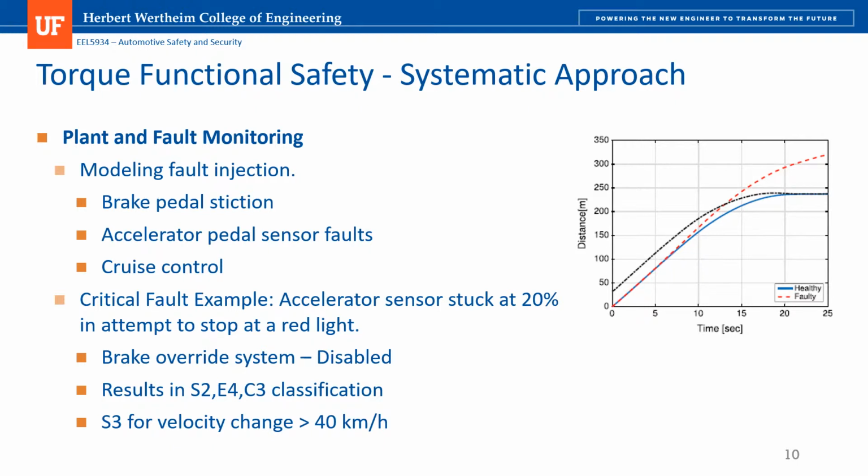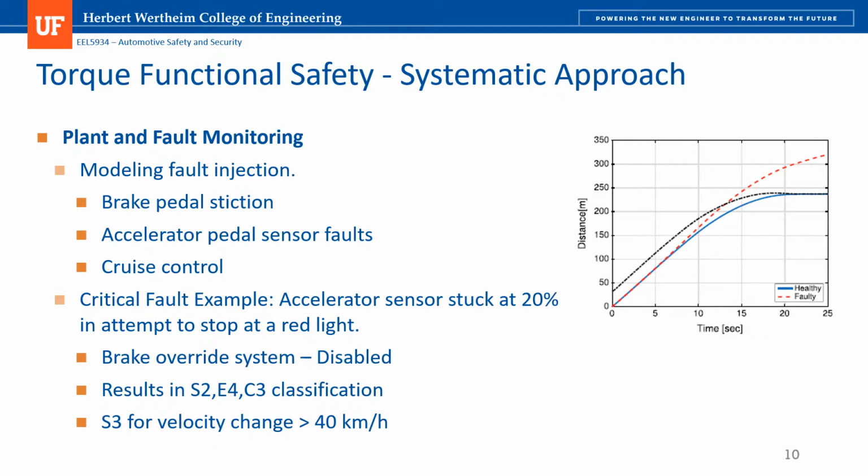This plot on the right I threw in this slide because it shows the result of the accelerator sensor being stuck at 20%, where the engine's trying to accelerate while you're also trying to brake. You're still able to stop the vehicle, but it's not going to stop at the same rate at which it would with the accelerator not active.